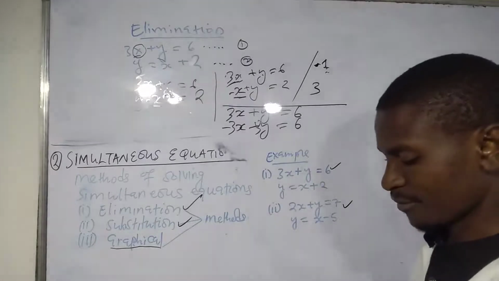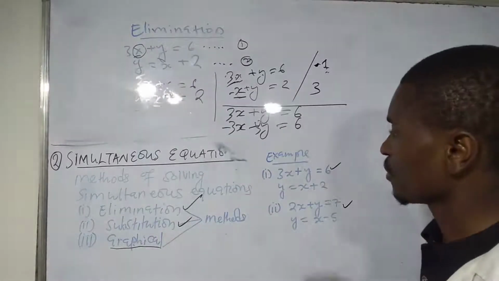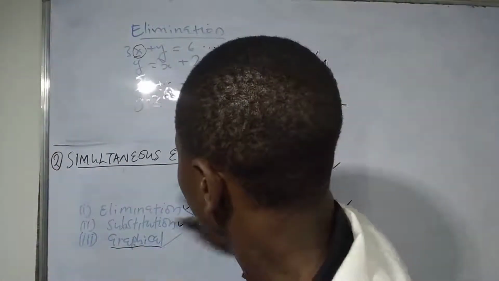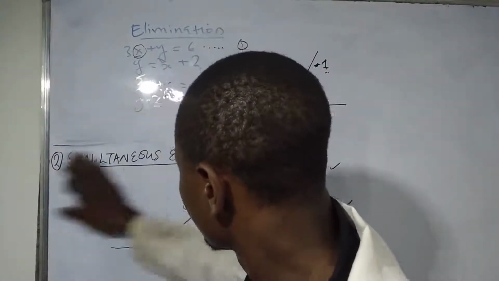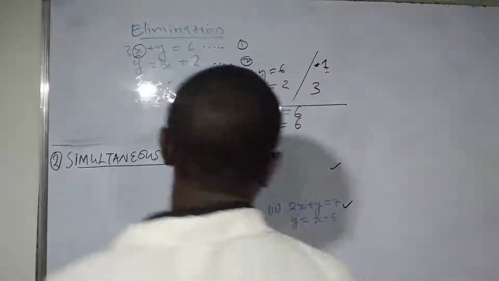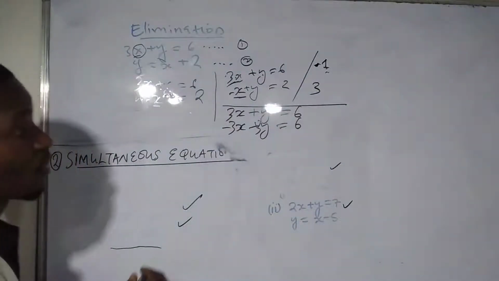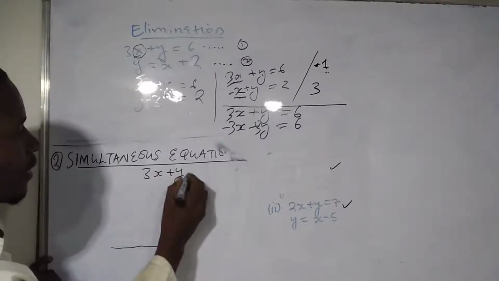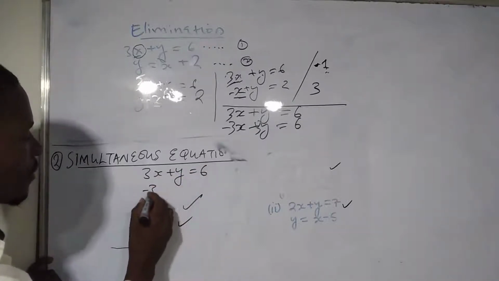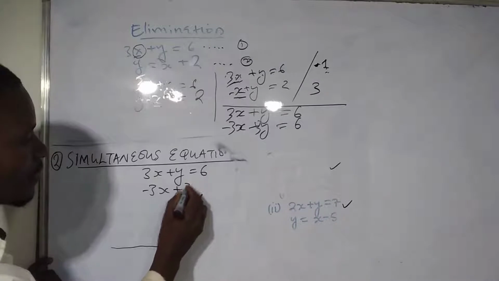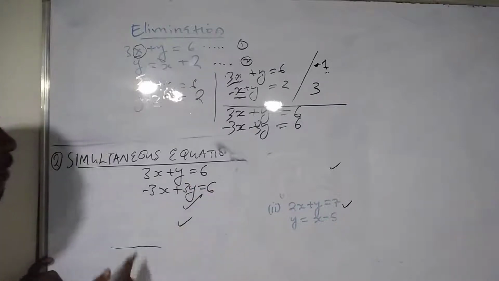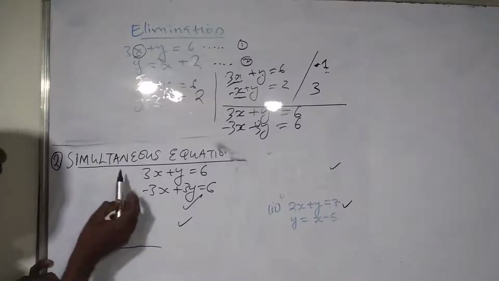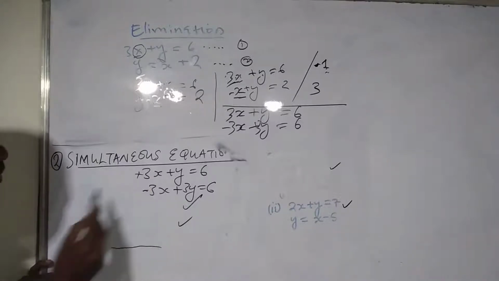Now from there, we have 3x plus y equals to 6, negative 3x plus 3y equals to 6. You can see that the sign for this number on top is positive, this one is negative.